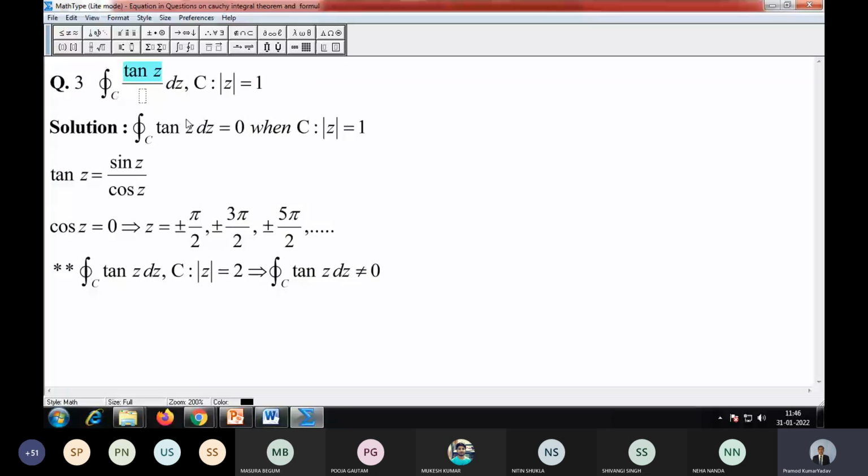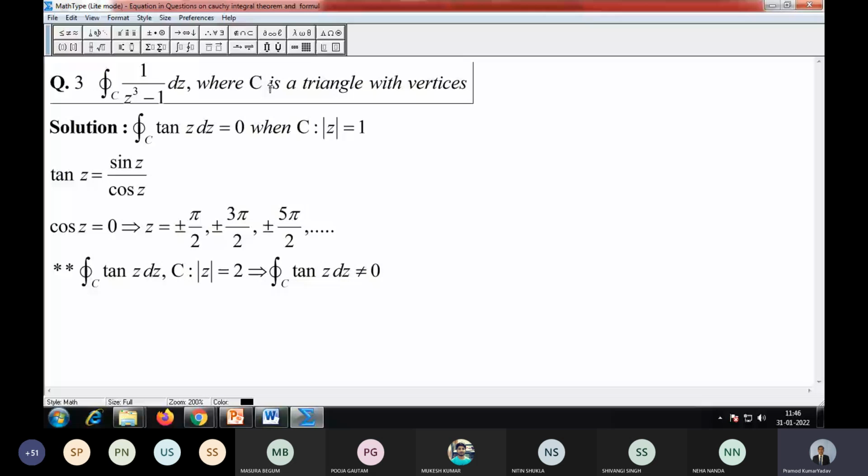Integral of one divided by z cubed minus 1 dz, where C is a triangle with vertices at 0, plus minus 1 by 4, plus i by 2.